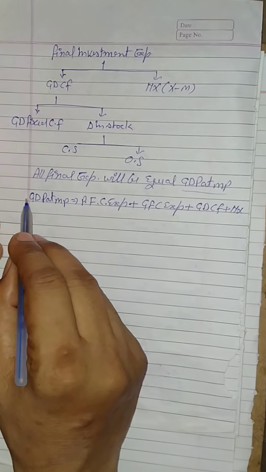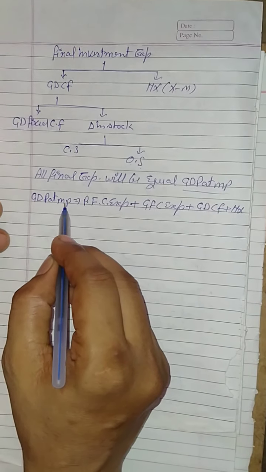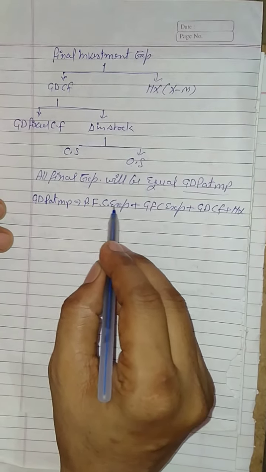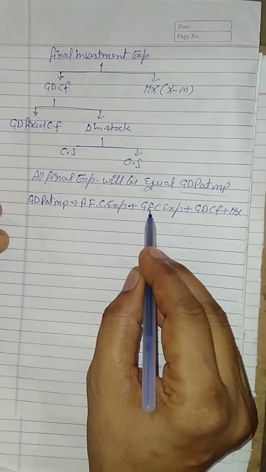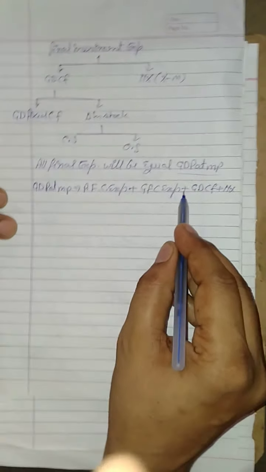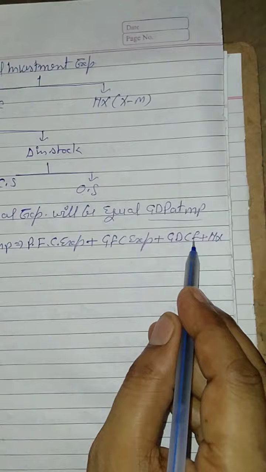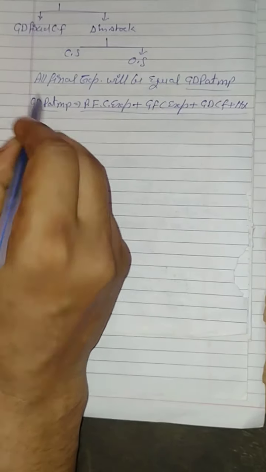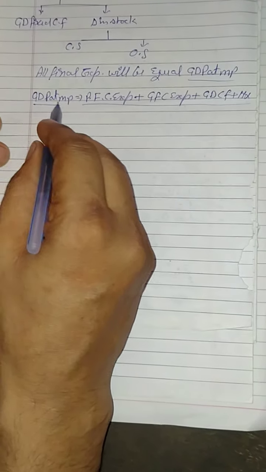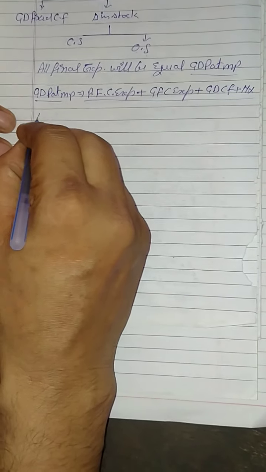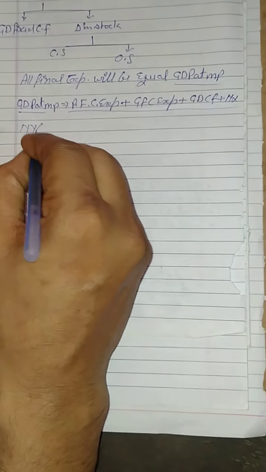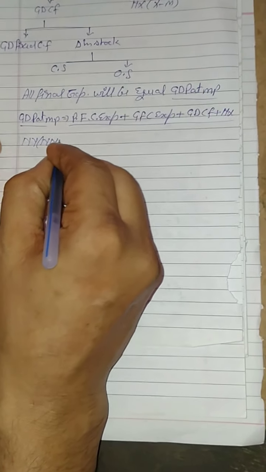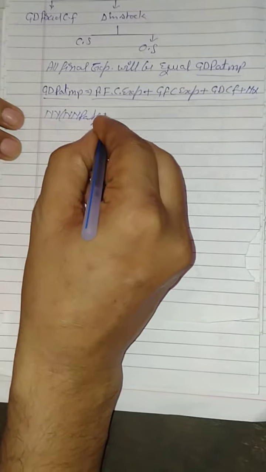So the formula: GDP at MP is equal to private final consumption expenditure plus government final consumption expenditure plus gross domestic capital formation plus net exports. All the expenditure sum will be equal to GDP at MP, and after that you can easily find out national income, meaning NNP at FC.